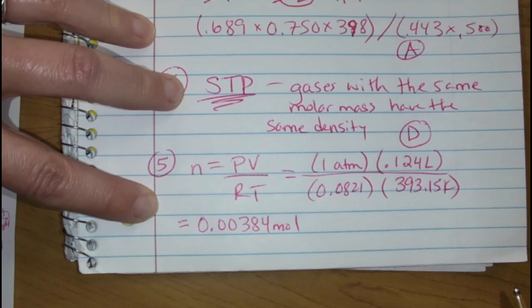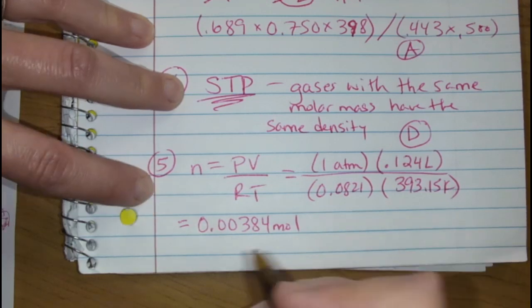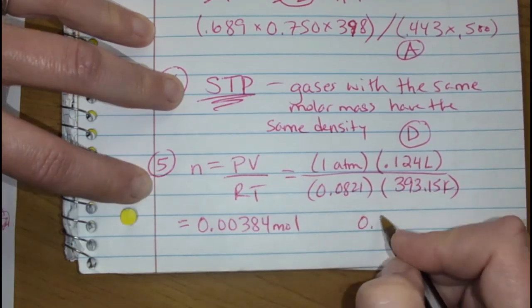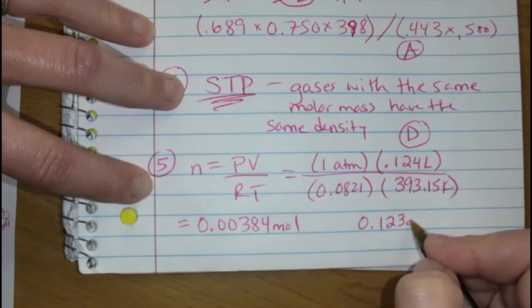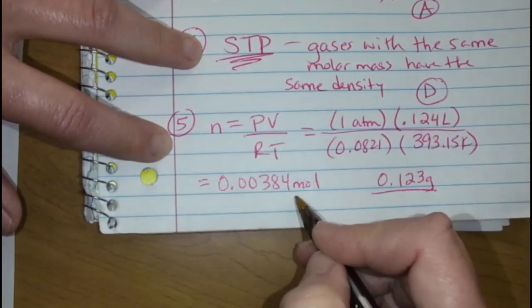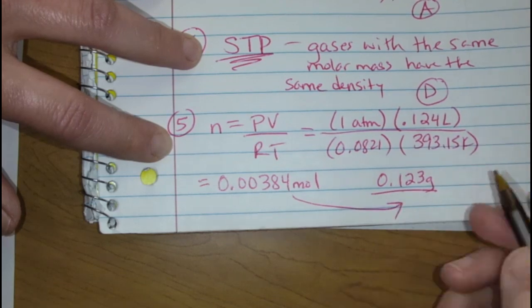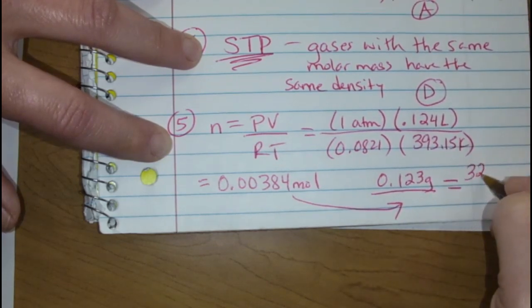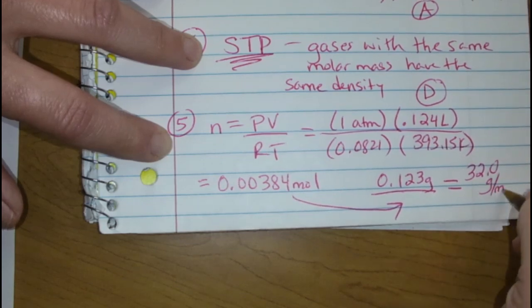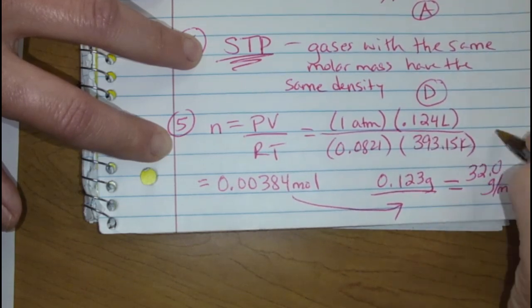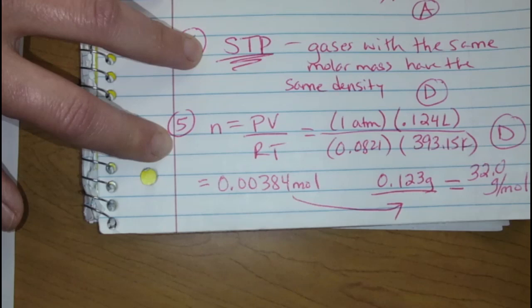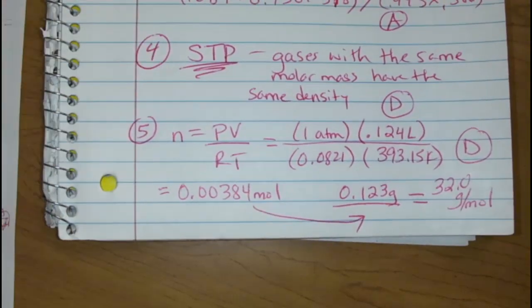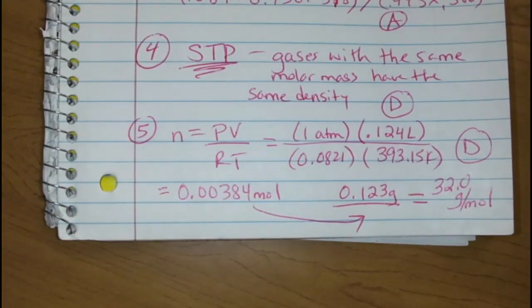And they ask for molar mass, and they give a mass of 0.123 grams. So grams divided by moles, grams per mole, and you end up with 32.0 grams per mole. And that answer is D. So that's how you do number 5.